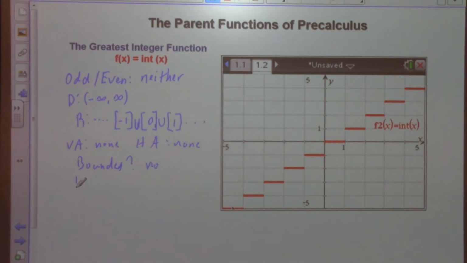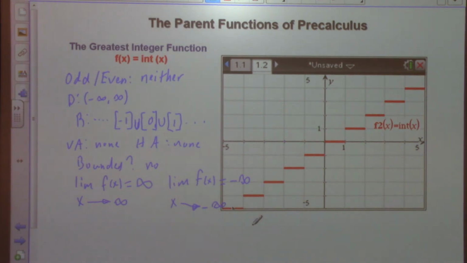What about limit as x approaches infinity of f of x? It equals infinity, and the limit as x approaches negative infinity of f of x is equal to negative infinity.